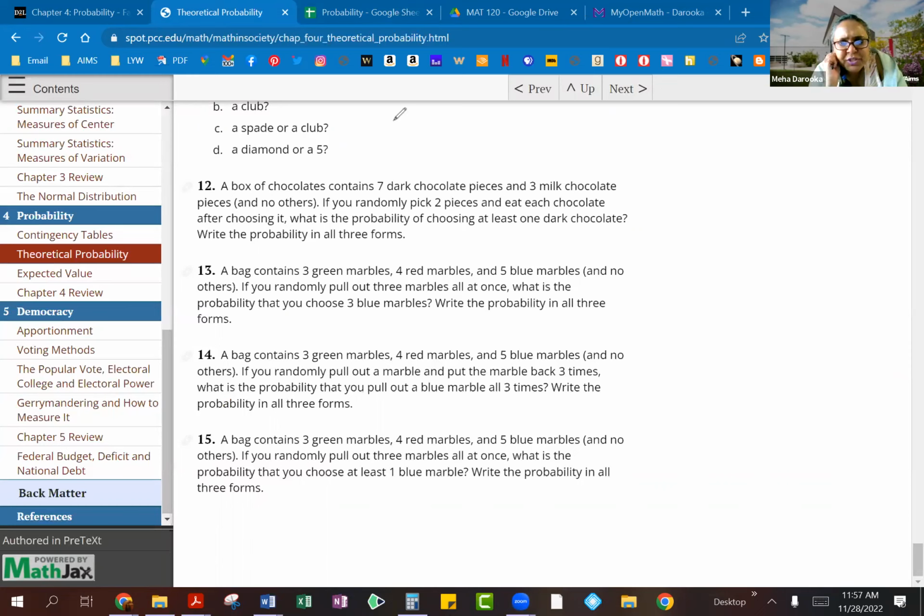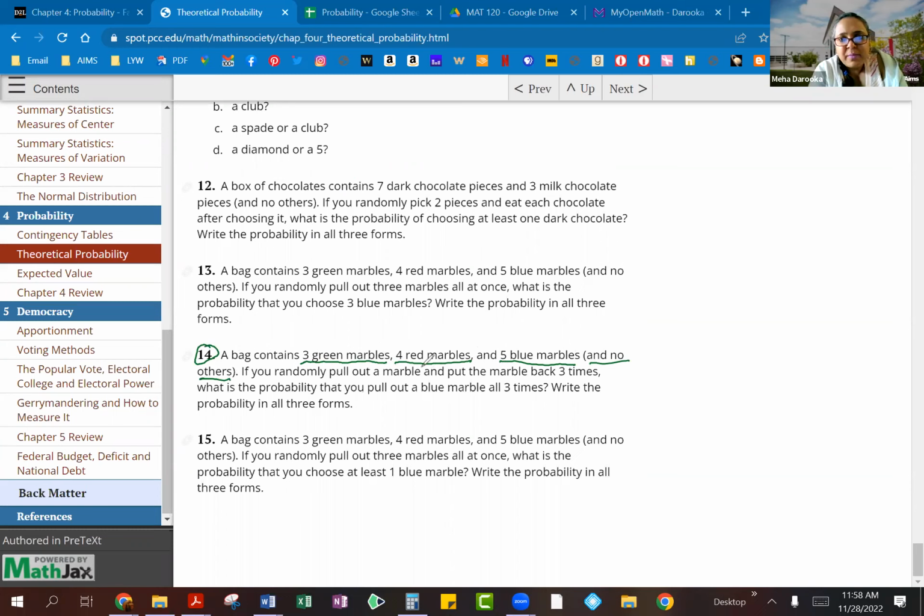Okay, guys, so something similar to what we just did, but of course, the probability is going to look a little bit different. The same idea over here, that you have a bag or a container with different items in there, and then how to calculate your probability. So this one is saying a bag contains 3 green marbles, 4 red marbles, 5 blue marbles, and again, there's nothing else outside of these 3 colors.